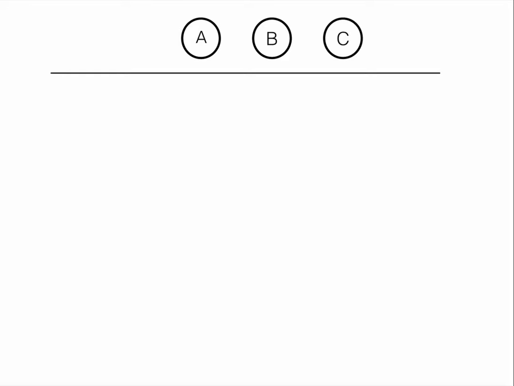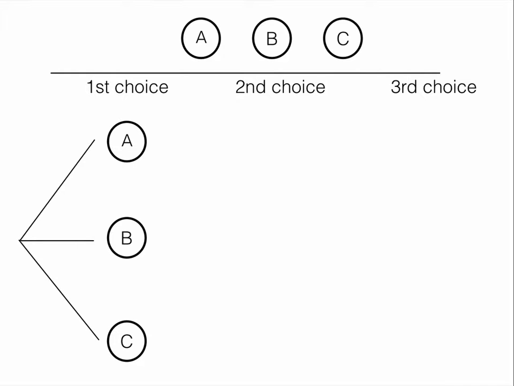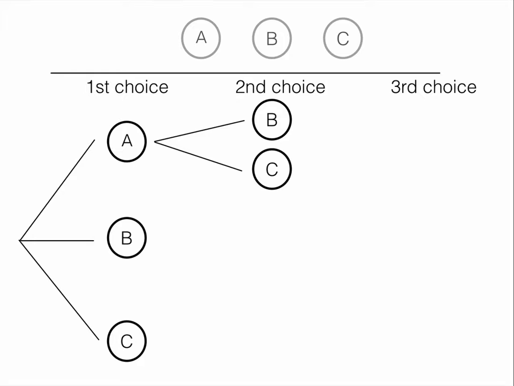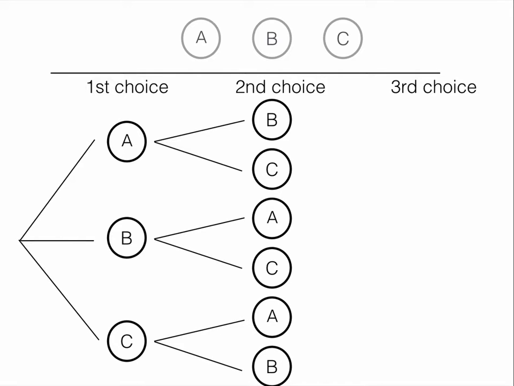So, for example, if you're picking 3 objects in order from A, B, and C, for your first choice you can have A or B or C. Once you go to your second choice, if you've already chosen A, then you can only choose B or C. Similarly, A or C if you chose B first, and if you chose C first, you would only be able to choose A or B. By the time you get to your third choice, because you only have 3 objects to start off with, it's just a simple single choice for each of the remaining ones.